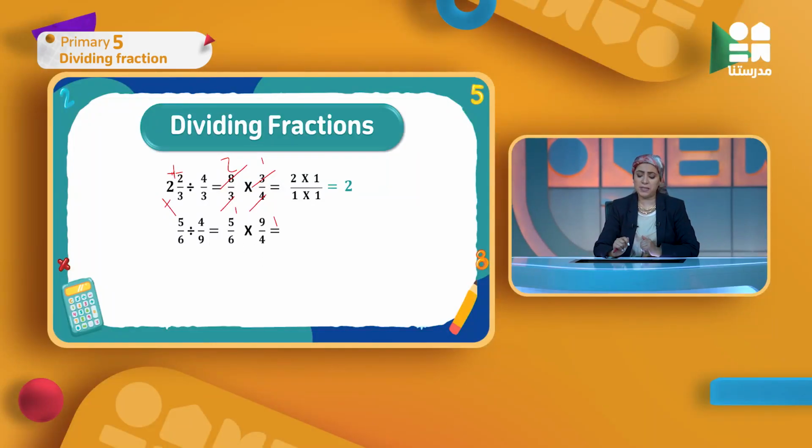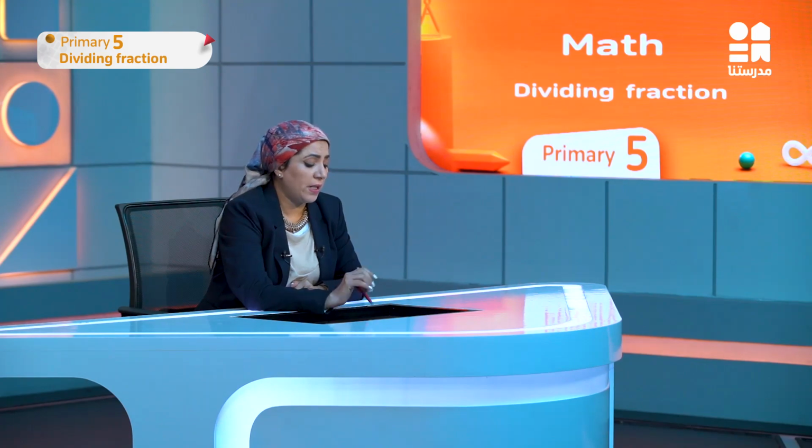So the answer will be 5 over 6 times 9 over 4, and I check 5, can I divide it or simplify it with any of these numbers, the denominators? No, there is nothing common between the 5 and the 6 or the 4. I check the 9, the numerator here, can I simplify it with the 6? Yes, both of them are in table 3, so they have common factor 3.